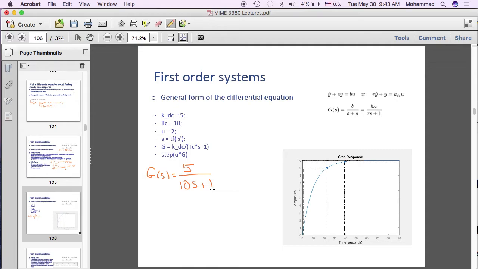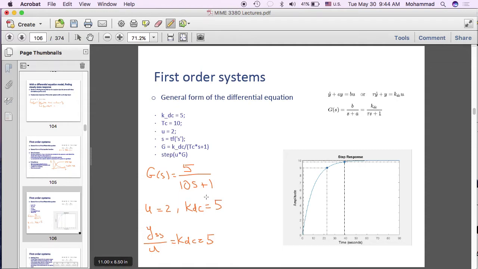Now the DC gain is 5, and U is 2 with KDC of 5. So that tells you that Y steady state over U is equal to KDC, which is 5. So if U is 2, Y steady state has to be equal to 10.